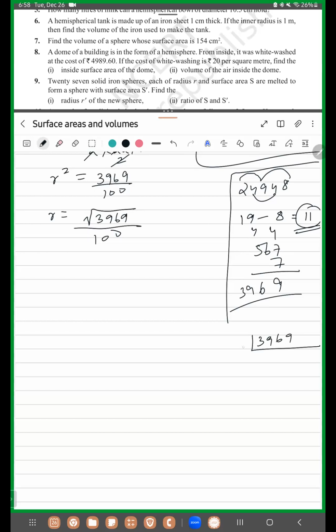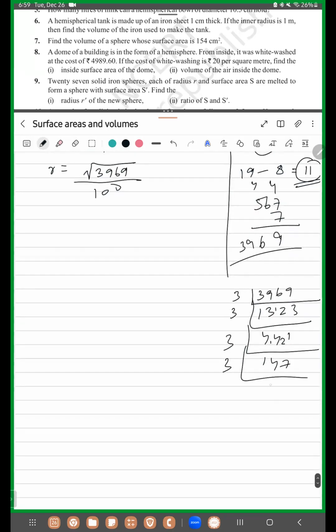3969: 3 ones are 3, 3 threes are 9, 3 fours are 12, 3 sevens are 21, 3 nines are 27, and 7 sevens are 49.